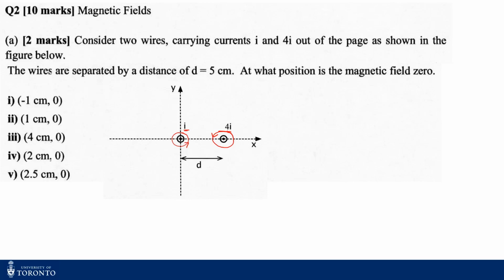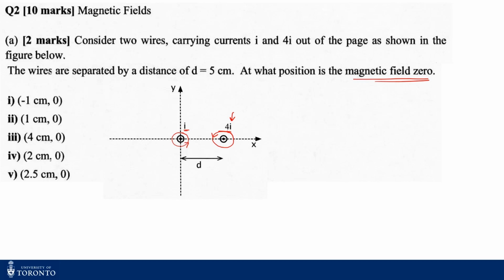So that's the point that they are asking you to find out, the point at which the magnetic field is 0. Because definitely the current in this wire is higher, so this will have a higher strength of magnetic field. Therefore the point of zero magnetic field will be away from the 4I.